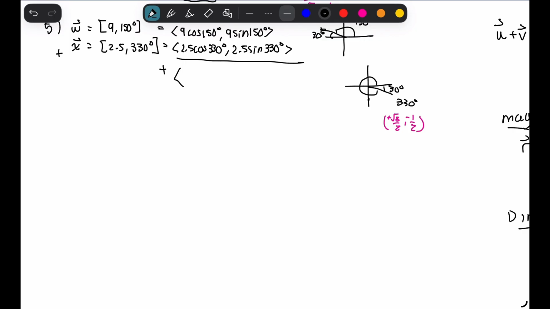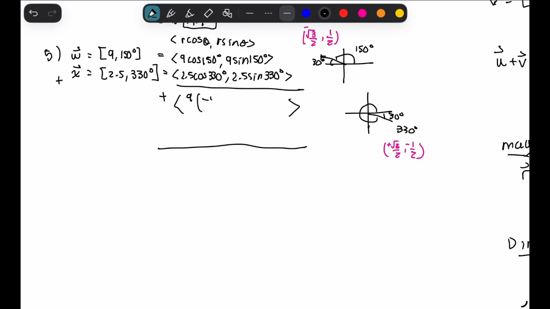So this is going to give us, for w, 9 times our x value, which is negative root 3 over 2, and we're going to have 9 times our y value, 1/2.